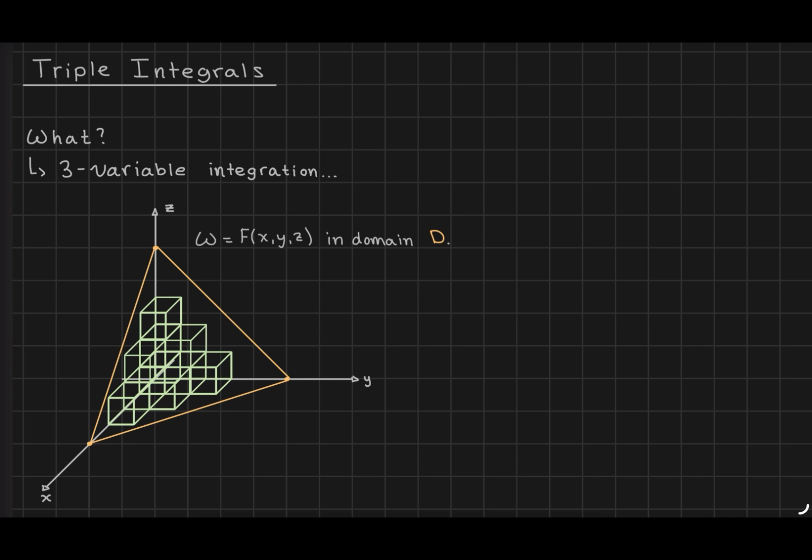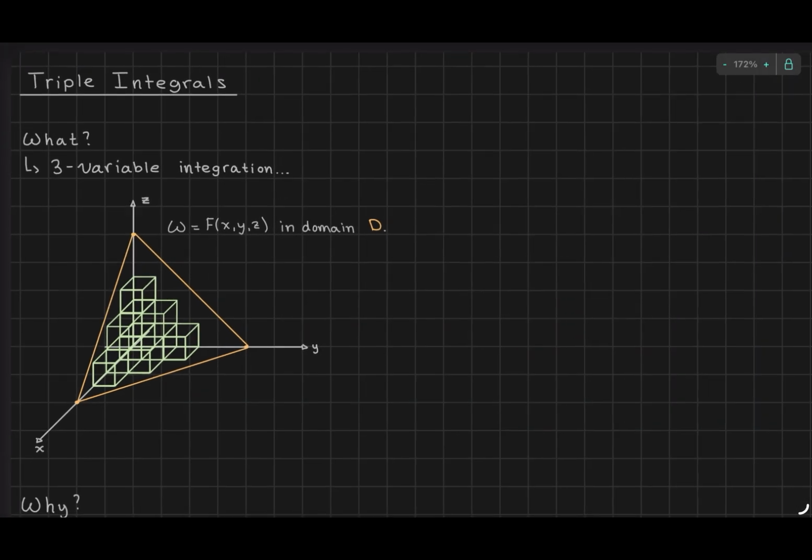These cubes are going to be getting increasingly smaller, infinitely smaller, and that's what's going to give us the volume or the total something inside of a 3D space. In this case, that is in the domain D. And as I stated prior, we cannot really graph four-dimensional functions. So this w equals f of x, y, z is not going to be graphed. It will be the domain of that which gets graphed.